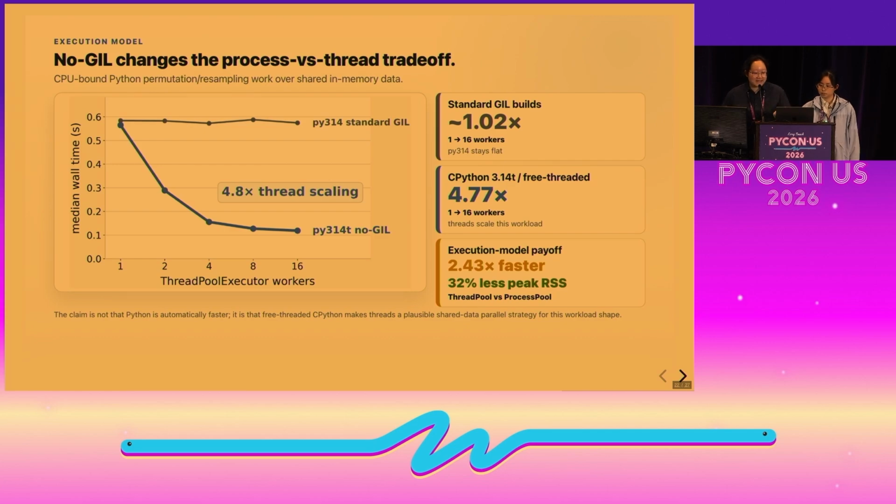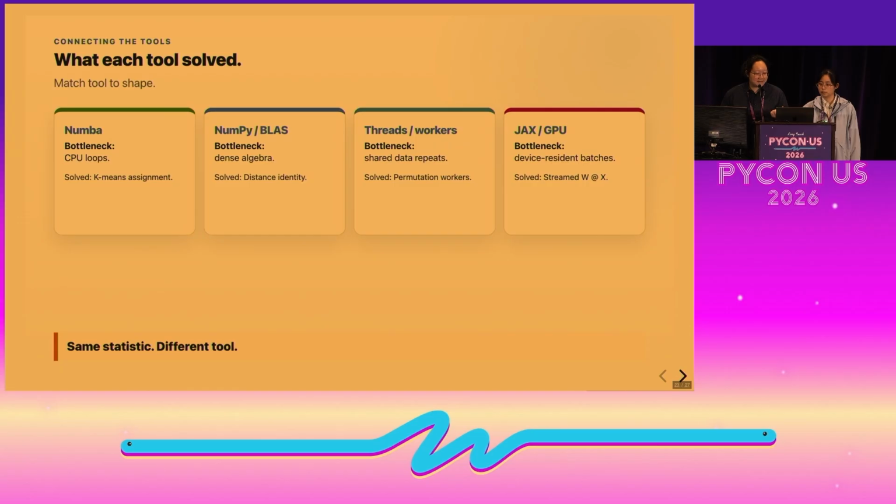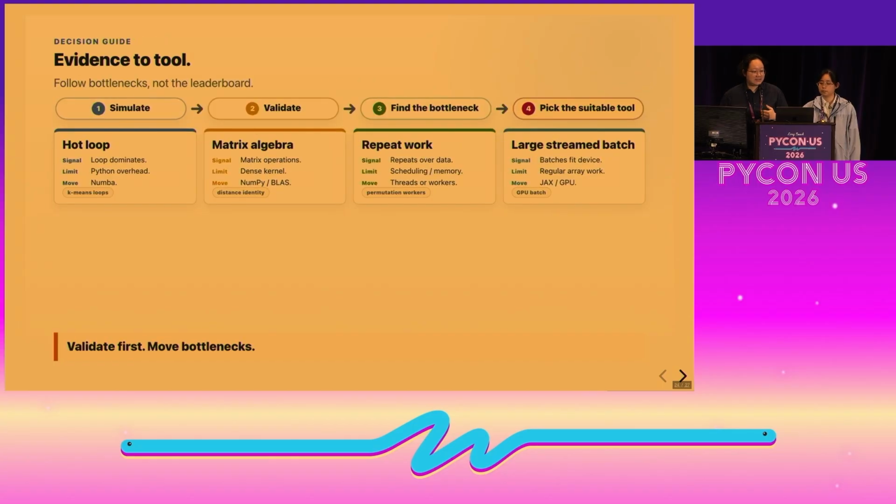It is whether Python threads can execute the CPU-bound work in parallel. So to summarize, Numba conquers CPU loops, NumPy conquers dense algebra, and JAX provides GPU acceleration. Free-threaded Python resolves shared memory scaling limits.